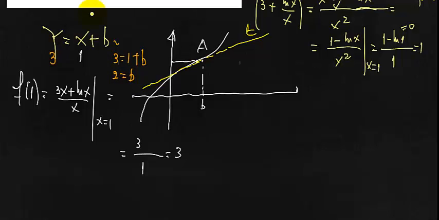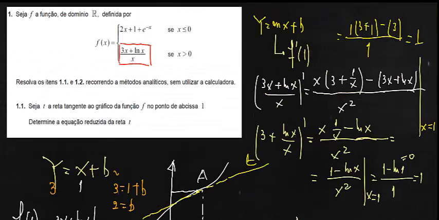So now I get the answer, and the answer is y equals x plus 2, and this is the formula of the tangent line to the function at the point whose abscissa is 1, and so it is done.